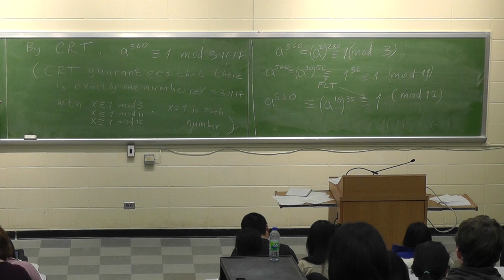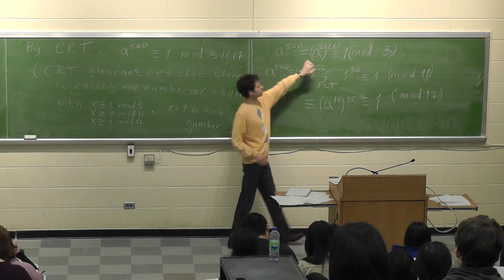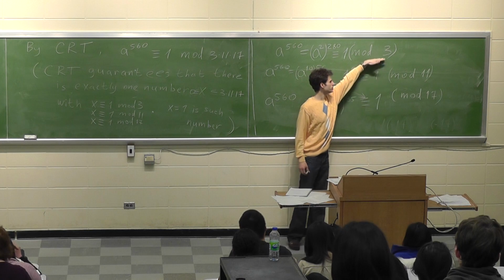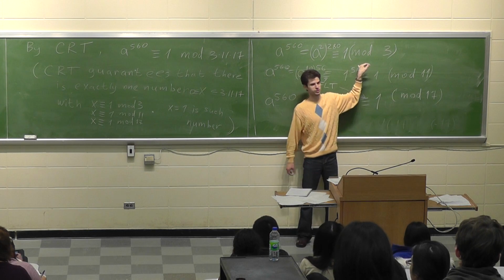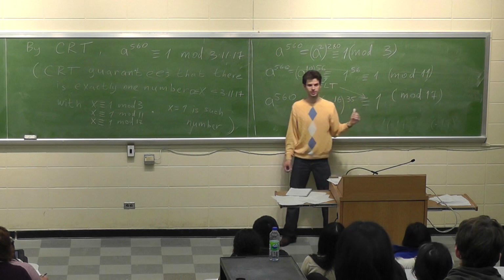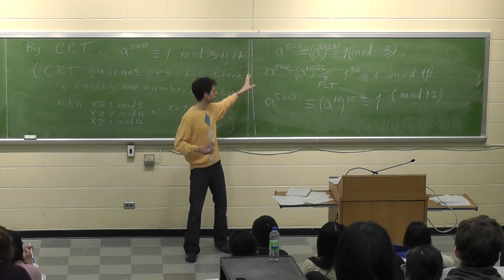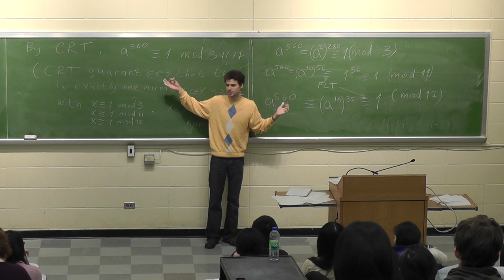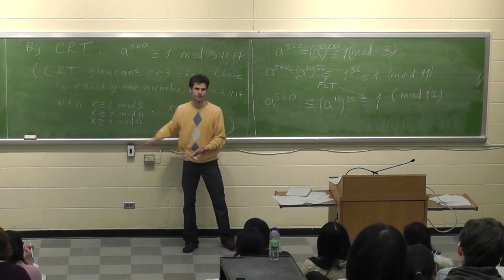In this particular case, there is a simpler argument. a to the power 560 minus 1 is divisible by 3, by 11, and by 17. Hence, this number minus 1 is divisible by the product. But you should get used to applying simple general statements like this.